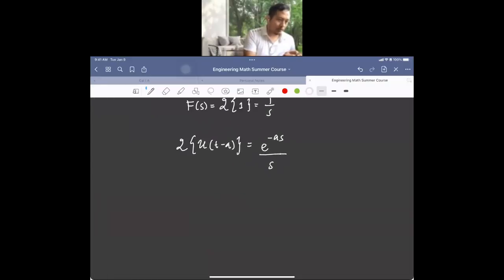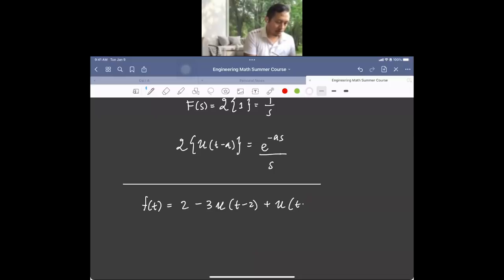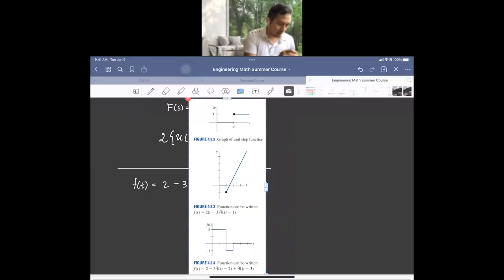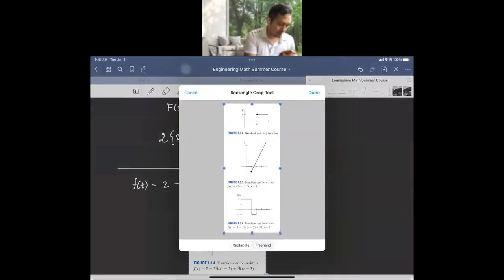Okay, and then for example, the previous equation that we have, 2 minus 3 Heaviside t minus 2 plus Heaviside t minus 3. This is the last figure. Let me just crop.